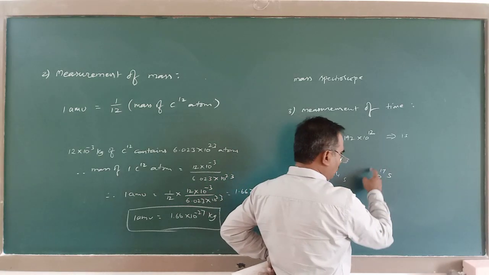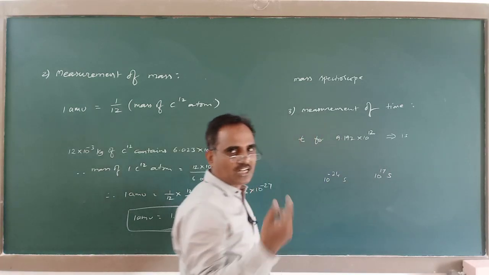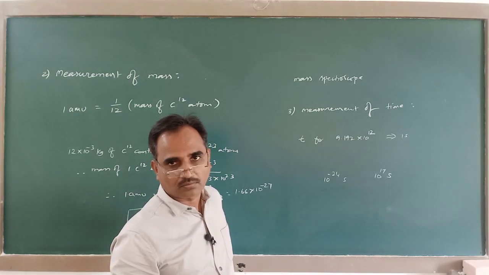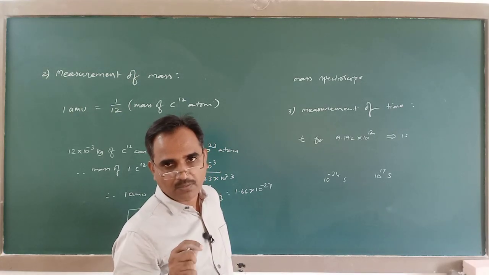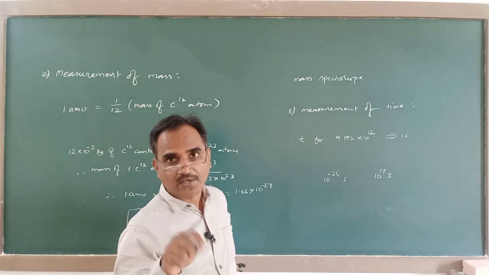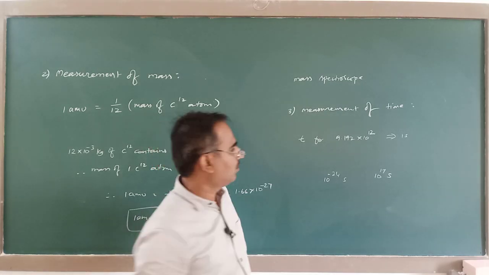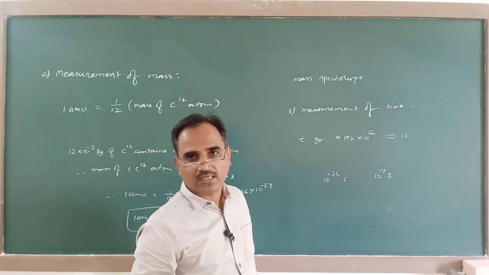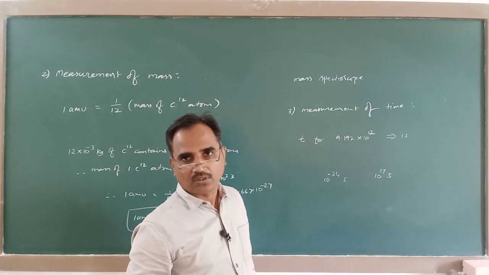And this 10 to the power of 17 seconds corresponds to the life of this universe. The universe is estimated to have formed 10 to the power of 17 seconds earlier.